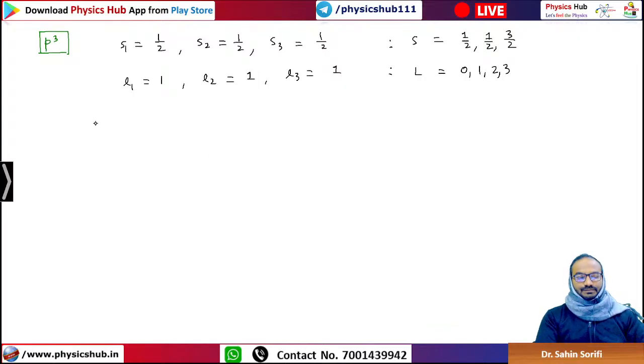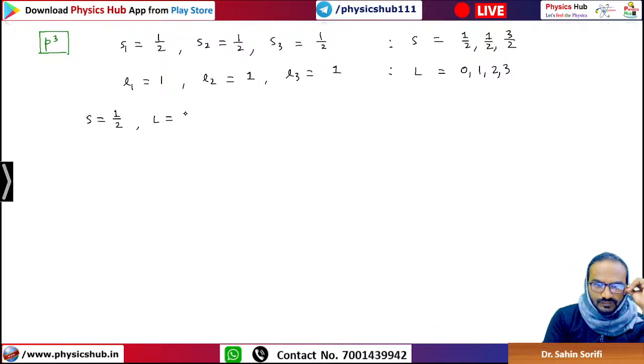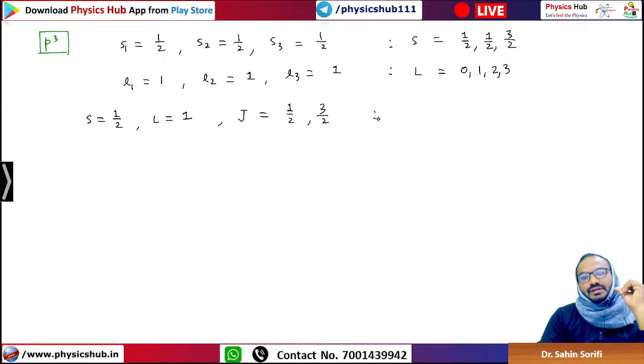There is no even-odd situation here. So S equals half will combine with L equals, let us say, 1. This is a very special case. J will be half and 3 by 2, and correspondingly we get the spectroscopic term 2P with J values half, 3 by 2.